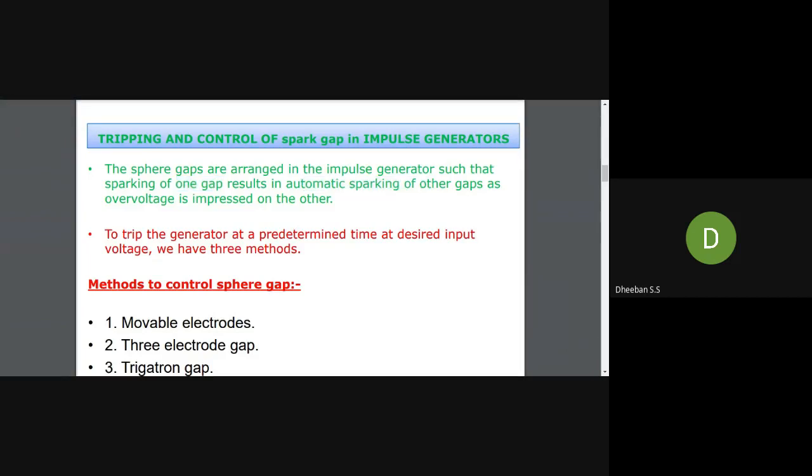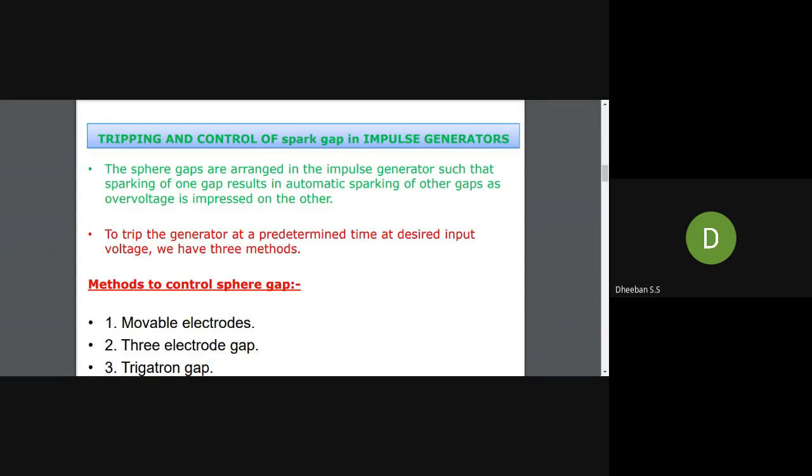You can understand this as a cascading process: first one gap is turned on, like turning on one switch, and that contributes to the turning on of other switches connected in parallel, similar to that gap.